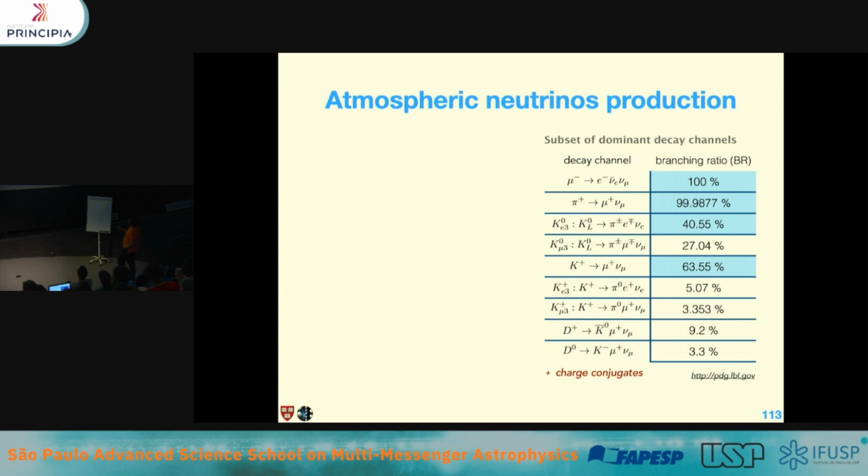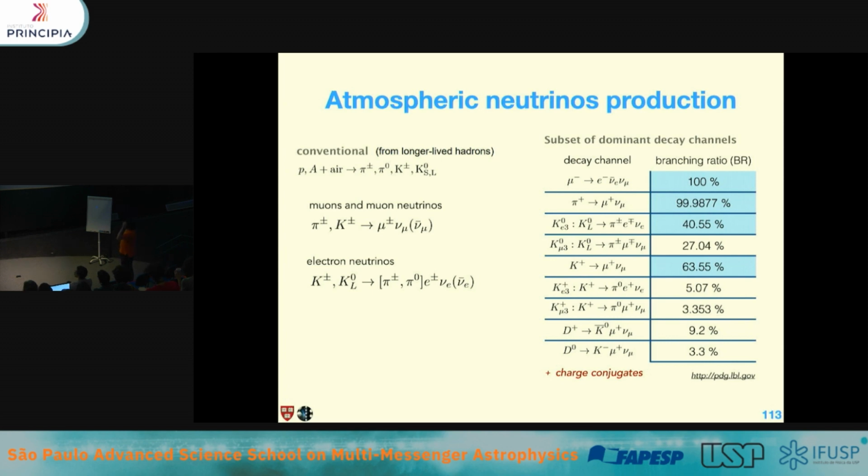Most of the time you get muon neutrinos from the kaons, but there is an electron neutrino component. Remember that for us, there is a correspondence between muon neutrinos and track-like morphologies, and electron neutrinos and cascade-like morphologies. So this component is going to end up in a different morphological category than, say, this background here.